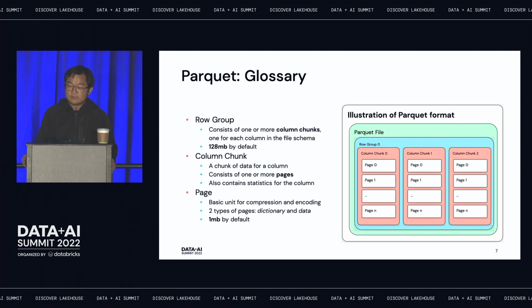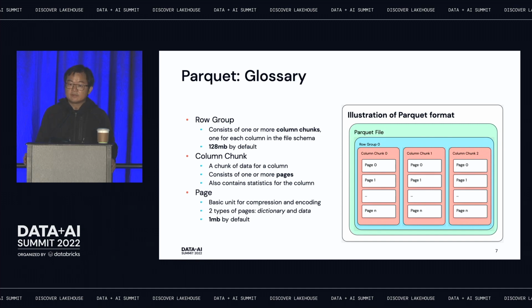By default, a row group is 128 megabytes. But in practice, many people set it to a larger size. For instance, in HDFS, you usually set it equal to the block size in HDFS, which is sometimes 512 megabytes. A column chunk, by its name, is a chunk of data for a particular column.